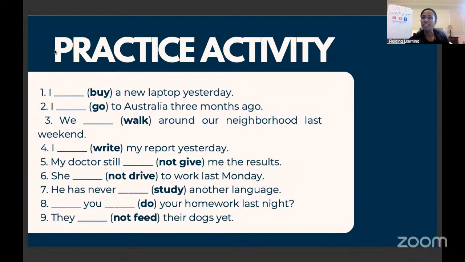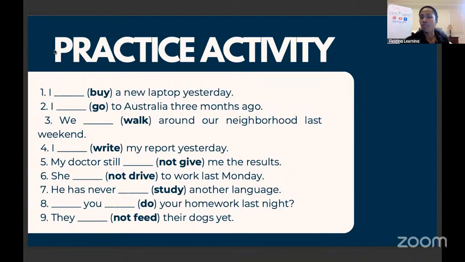When you use "did," the verb stays the same. So she did not drive to work last Monday. If you want to use a contraction, it would be "didn't." She didn't drive to work last Monday.